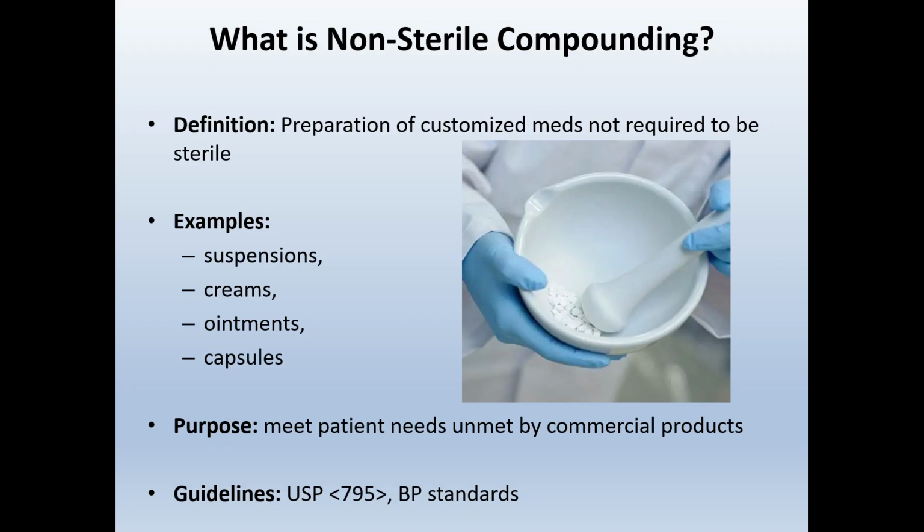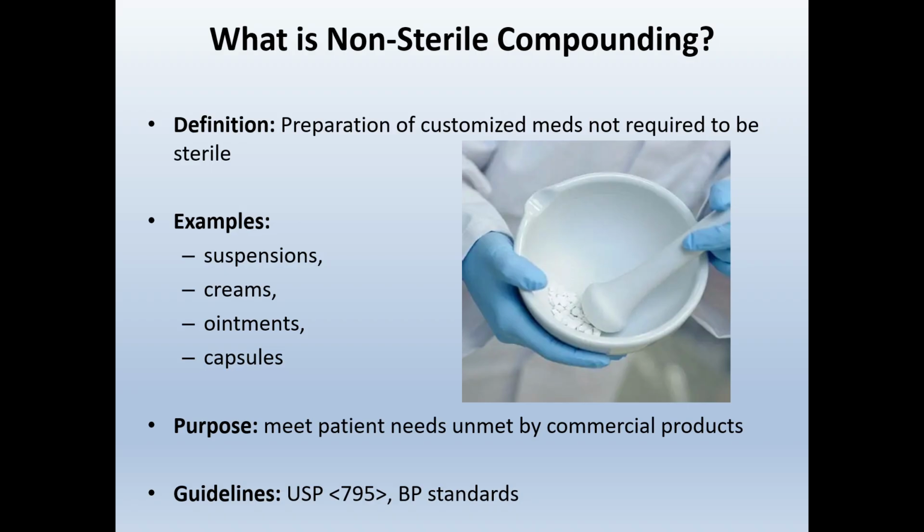But there are some other medications, just to differentiate them from sterile compounding, that if you need to bring them together, you will need to do that in an environment that is completely clear of every viable, every living microorganism. The environment must be clear. Such medications would include things like injections.